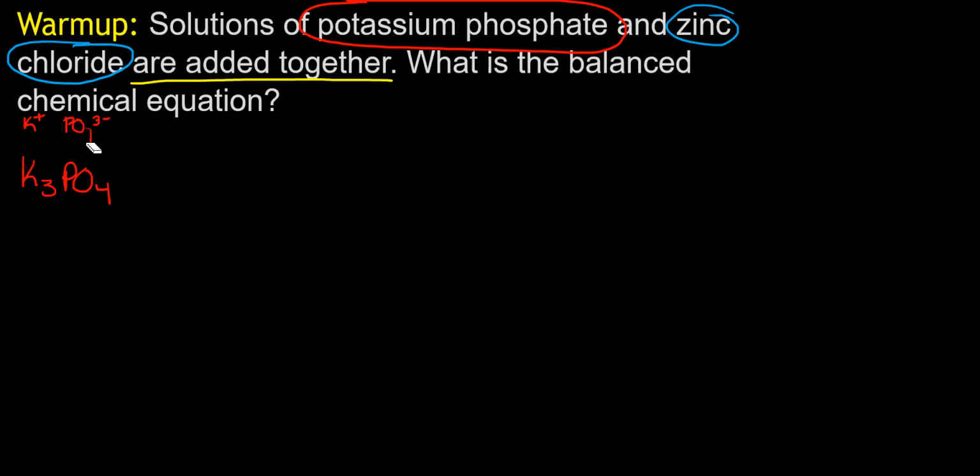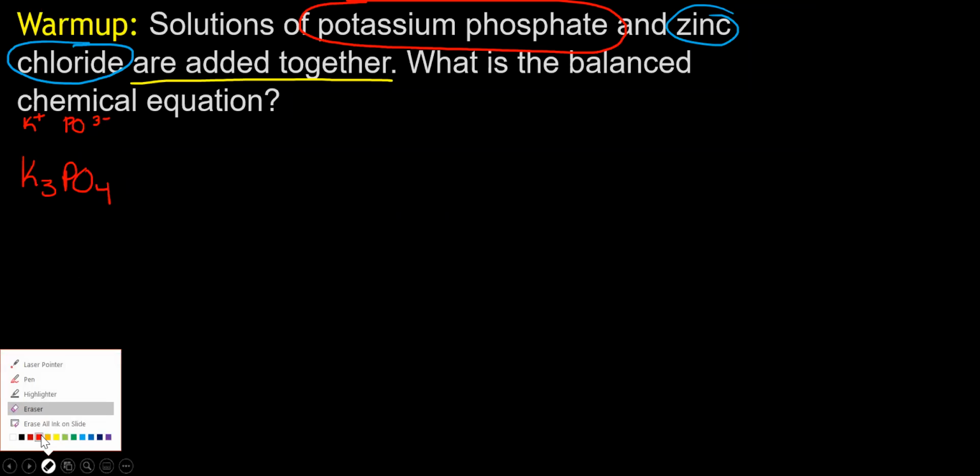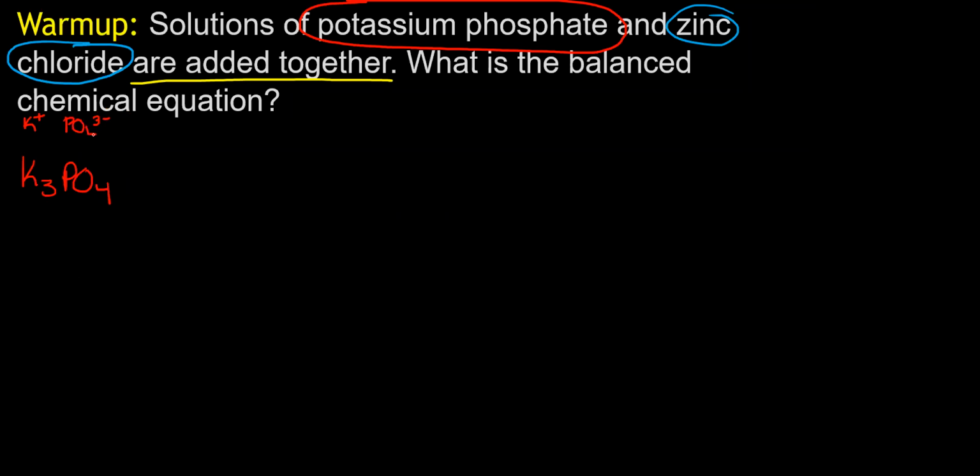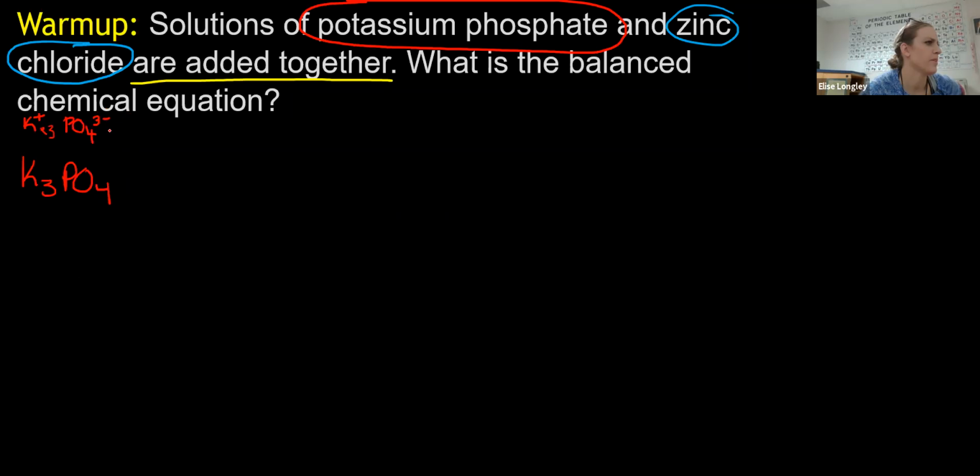And then to balance it out, you need to give potassium 3 so that it's 3+ and then 3-. Yep. Because 1 times 3 is 3, 3 times 1 is 3, positive, negative, need to add to 0.